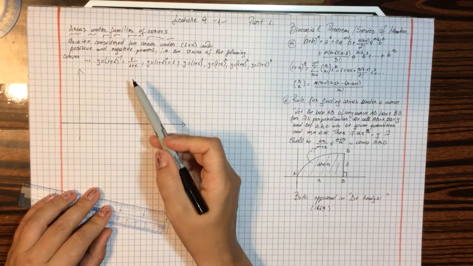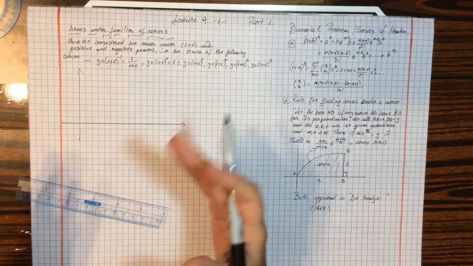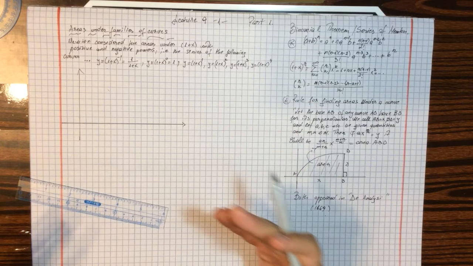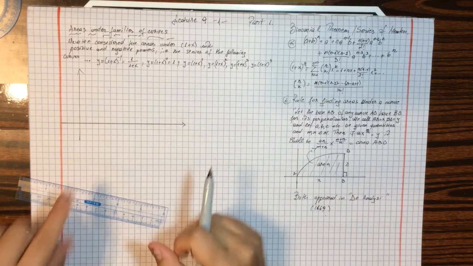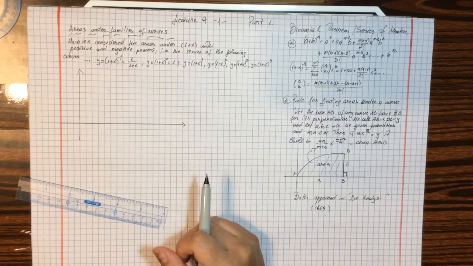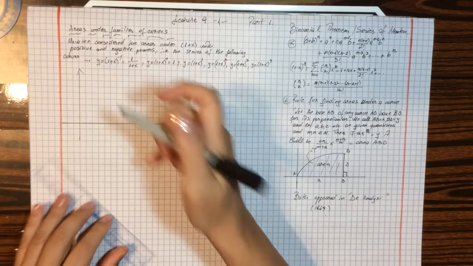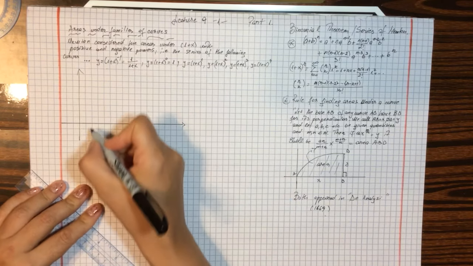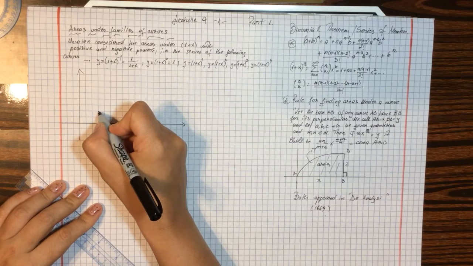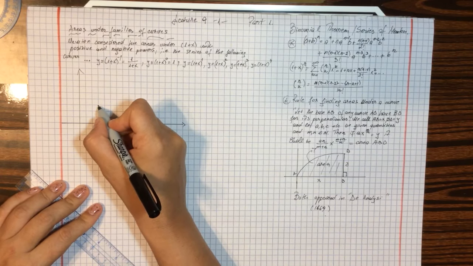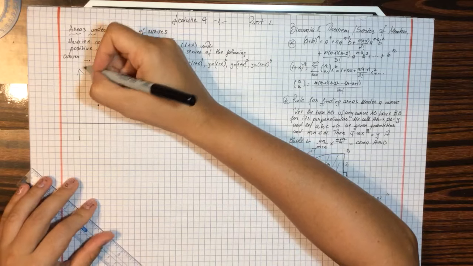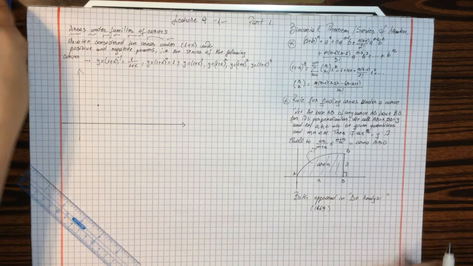1 over 1 plus x looks like a hyperbola, but a hyperbola has two parts. So I'm just going to consider the curves in the first quadrant. It's a curve that looks like this.